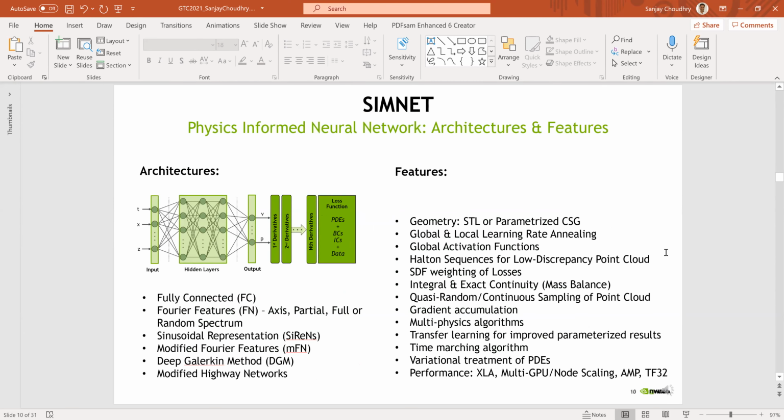Then regarding the architecture and features, I will not go into any detail on this one, because there's not enough time. And secondly, if you download the package, then in the user guide, chapter 1 is devoted to theory, and all these are described there. Some of them are actually our own creations, and some of them are modifications of what exists in literature.